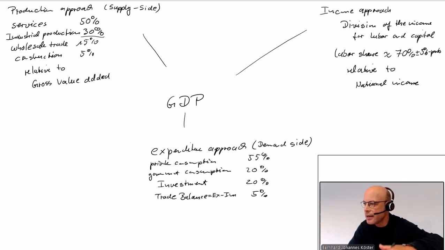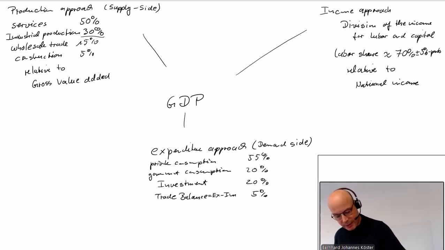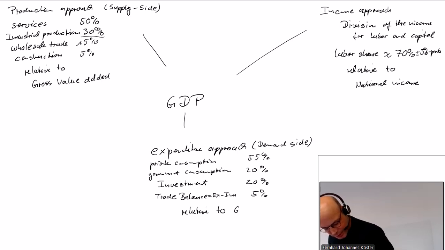Then taking the income from people abroad minus the people from abroad working in our country, we came to gross domestic product. And here it was calculated relative to GDP.